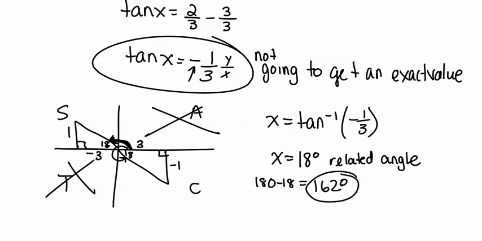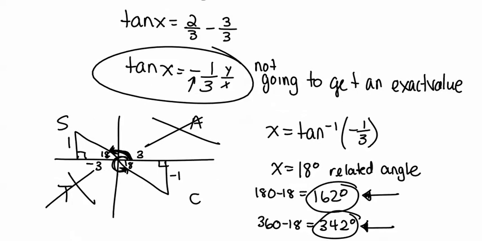So that would be one answer. And then the other answer we'd have to do is 360 minus 18, which is going to give us 342 degrees. So we actually have 2 answers for this question, 162 and 342. So those are all the kinds of questions that would be on the test tomorrow.